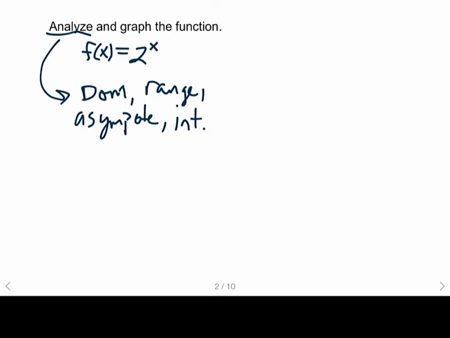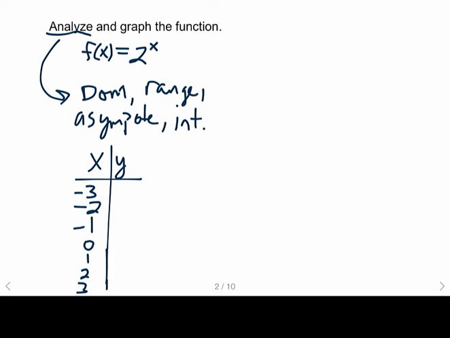I think a good way to get started would be to consider an XY table. So inputs and outputs, we're going to use, let's say -3, -2, -1, 0, 1, 2, and 3 for now, and see if that does enough for us.